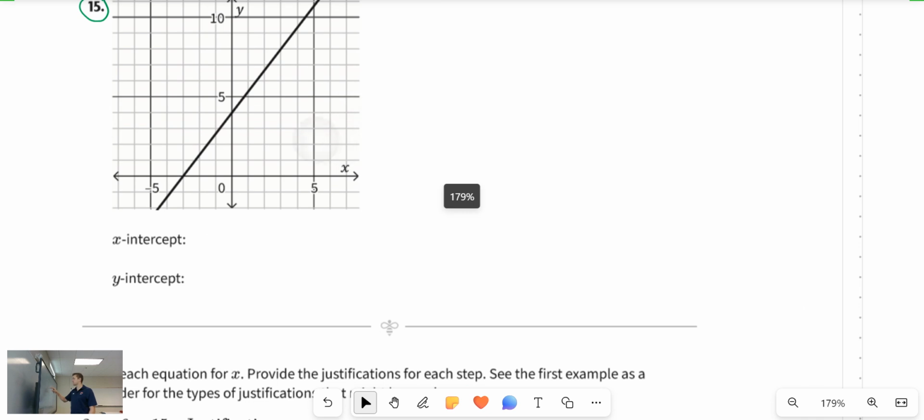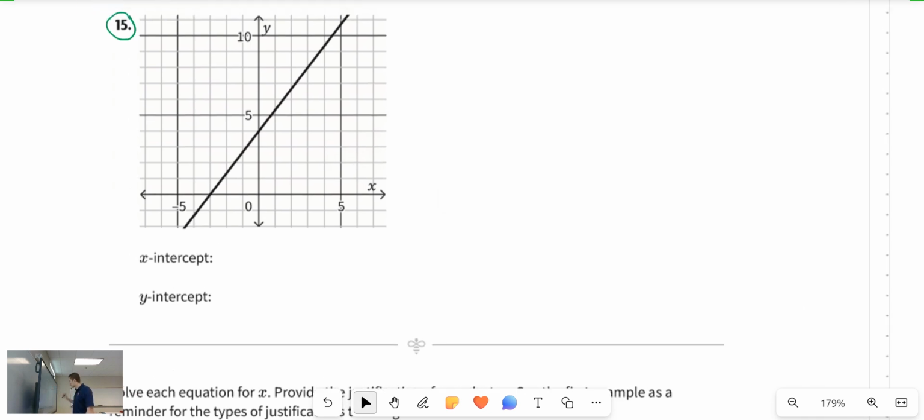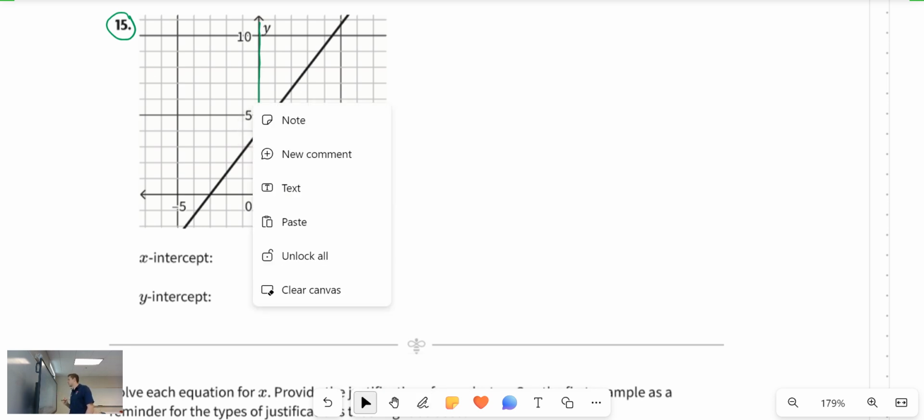All right, so here's our graph. So our y-intercept we'll do in green. Our y-intercept is if we trace over the y-axis, where do we cut across the line? And it looks like it's right there.